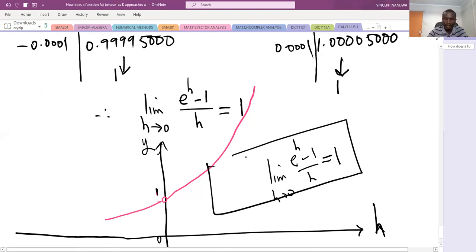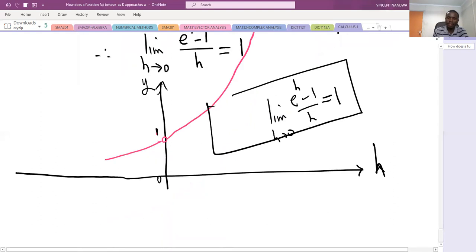And then lastly, let's now demonstrate a limit that is not defined, or a limit that doesn't exist.